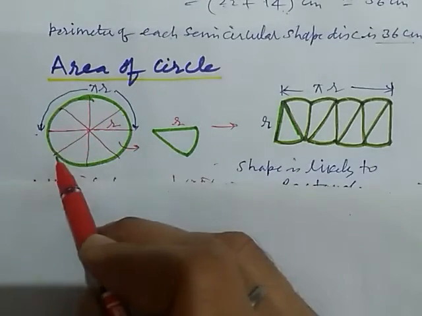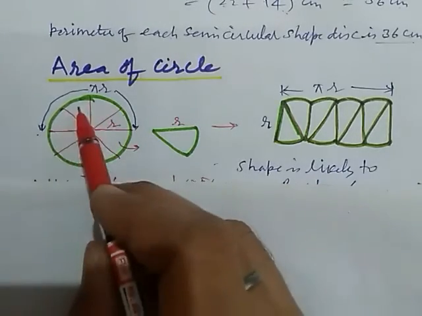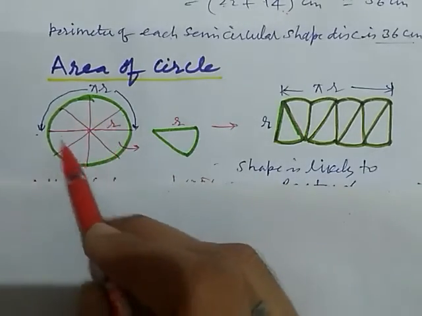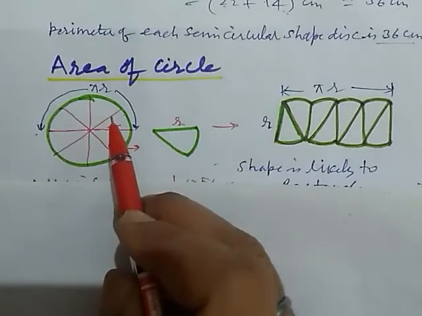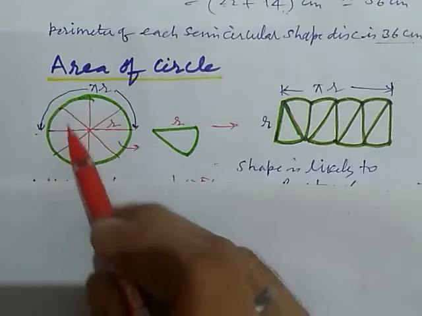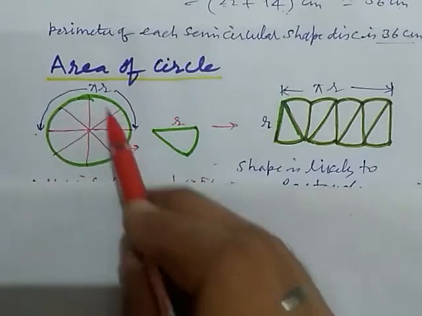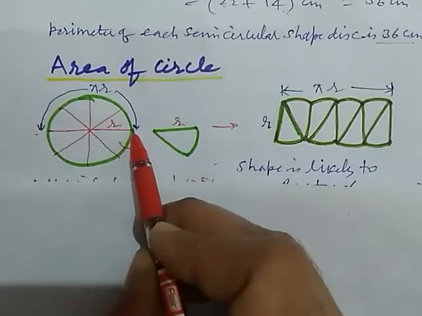Now we make 8 equal parts: 1, 2, 3, 4, 5, 6, 7, 8. We take 8 parts of this circle for understanding. If we take more parts, it is clearer, but we take only 8 parts here. Each part has the radius r.